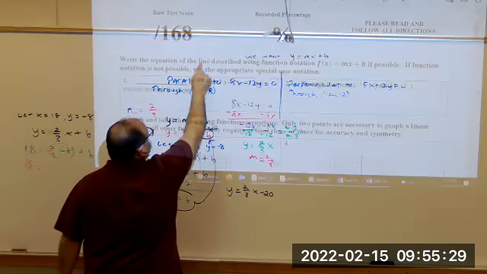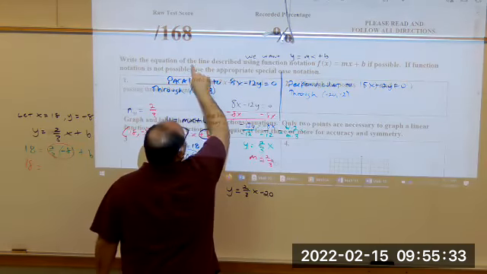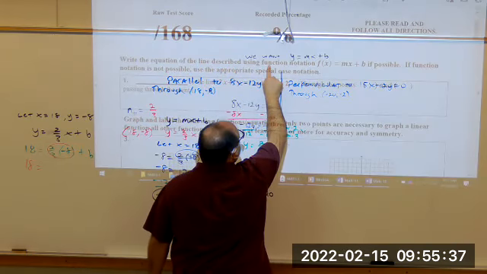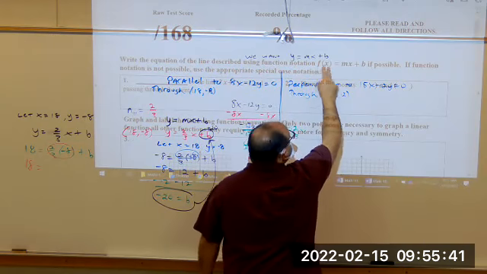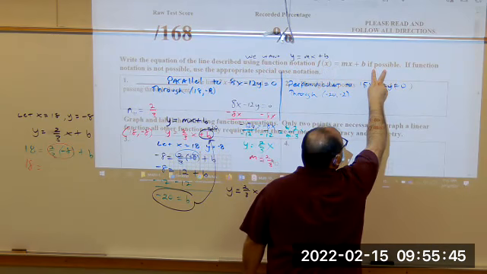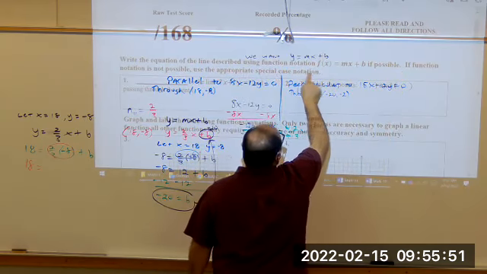Write the equation of the line. Okay, I know how to do that. Write the equation of the line described using function notation, f of x equals mx plus b, if possible. If function notation is not possible, use the appropriate special case notation.